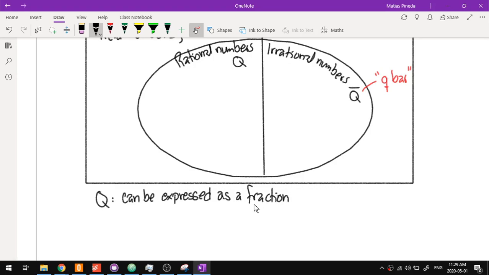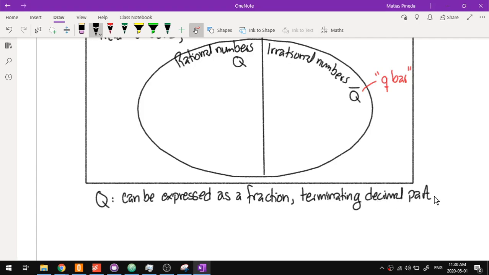Okay. And the characteristic that rational numbers have is that they are what's called terminating, if they have decimals. Terminating decimal part, which essentially means that if they have decimals, the decimals don't go on forever, they stop.